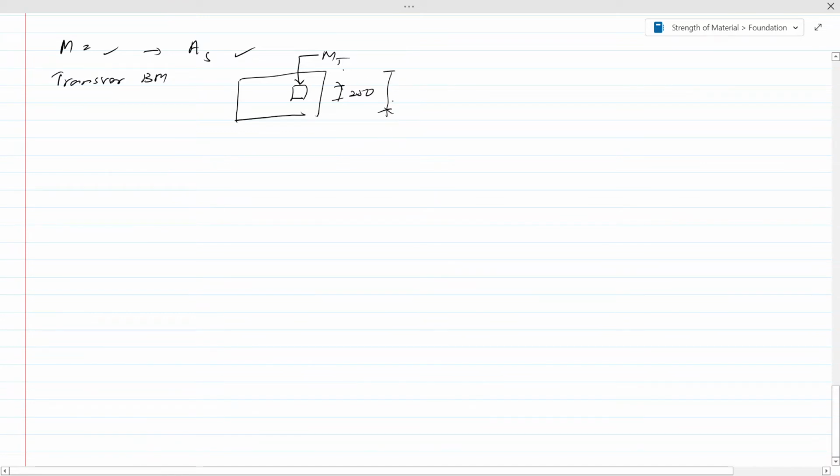This width we have considered as 1.3 meters, right? Now we have to calculate the transverse bending moment. We can write the equation.